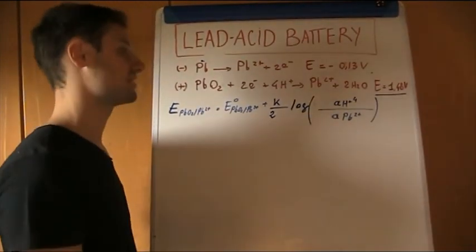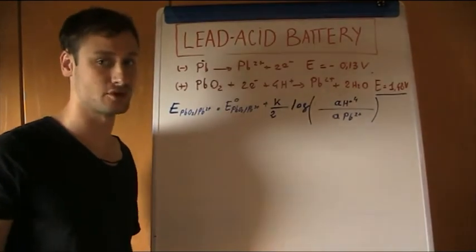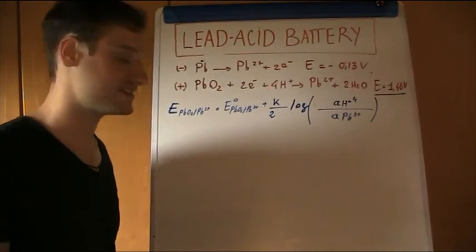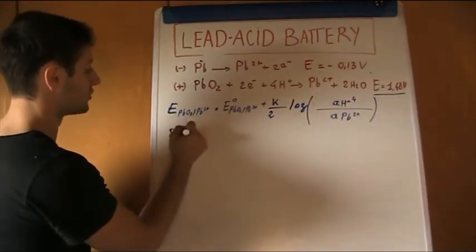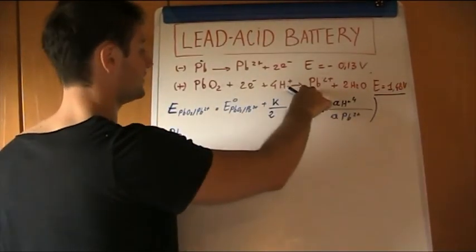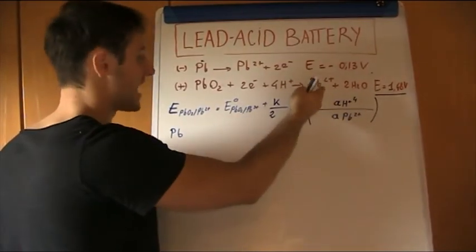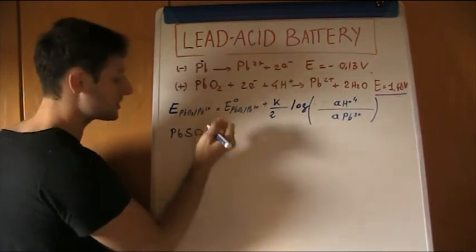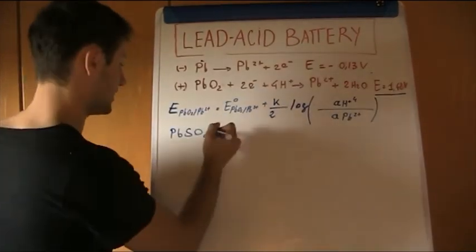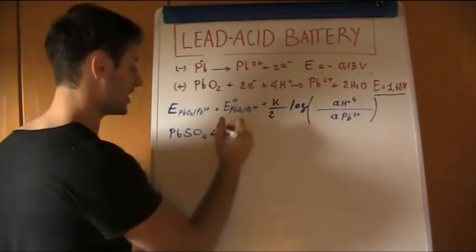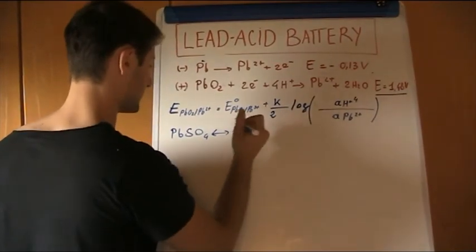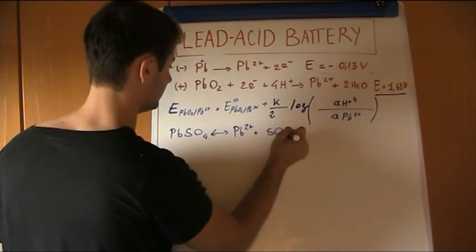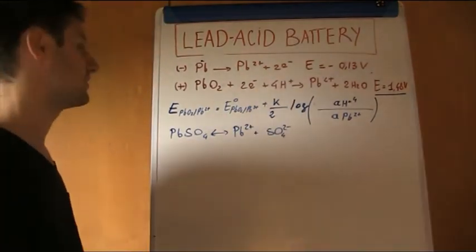How can this concept be expressed with the use of the Nernst equation? Well, we know that if we are introducing sulfuric acid, we can appreciate the formation, as a product, not of lead 2 plus, but of lead sulfate. This is a poorly soluble salt in an equilibrium of dissociation into lead 2 plus and this anion, the sulfate anion.